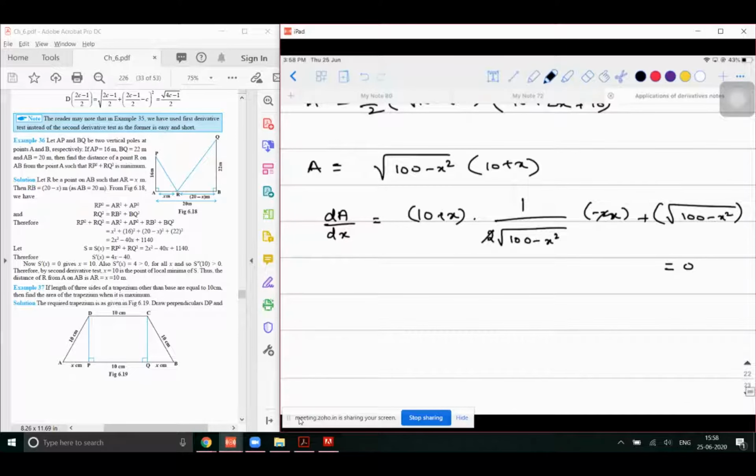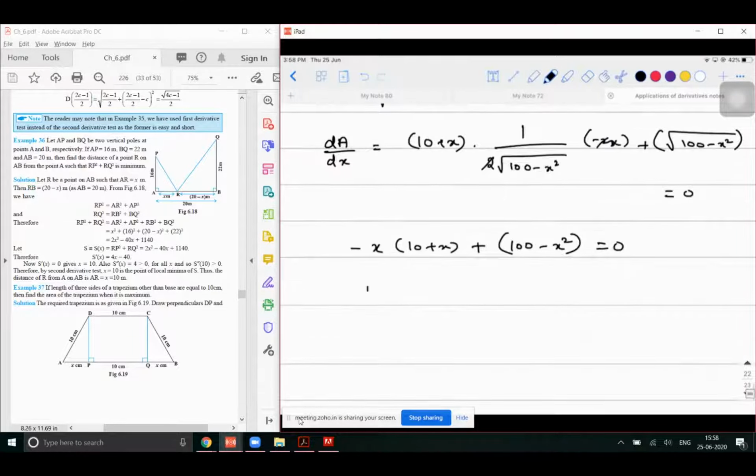If I take LCM, I get minus x into 10 plus x plus 100 minus x square, this is equal to 0. So 100 minus x square minus 10x minus x square is equal to 0. So 100 minus 10x minus 2x square is 0. So 2x square plus 10x minus 100 equal to 0.